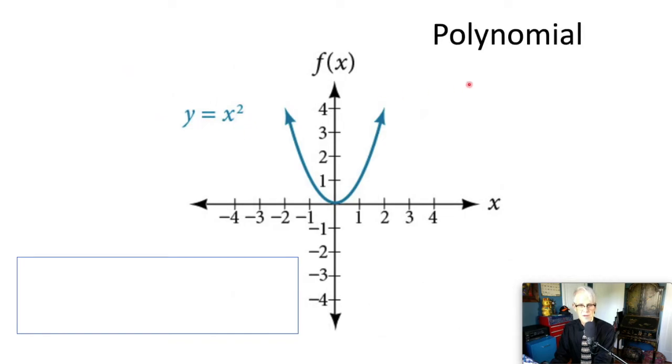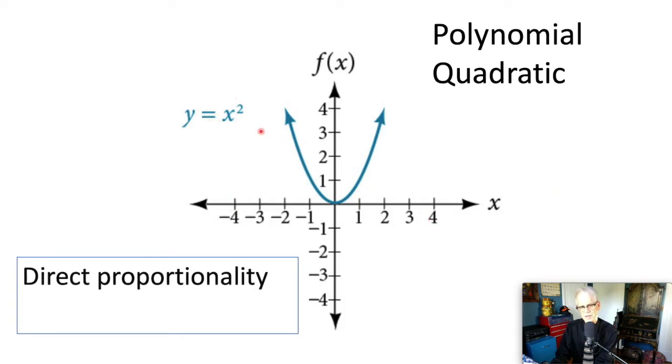Here's another one, a polynomial or a quadratic. Now we won't have to solve these mostly in our class, but we'll want to know what they look like. So it basically is that whatever's on the horizontal axis is being squared. It's also direct proportionality.